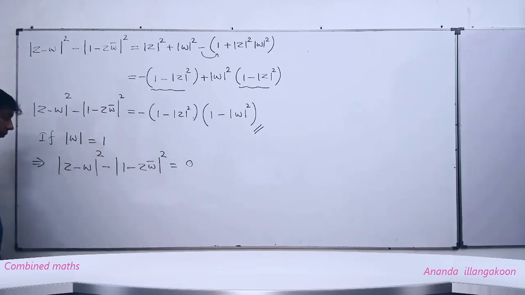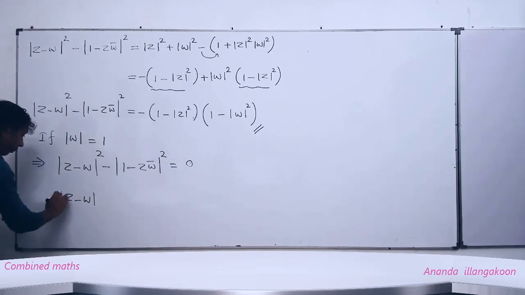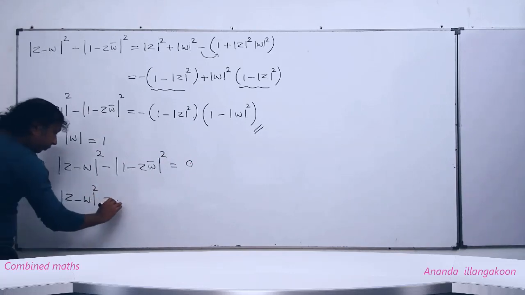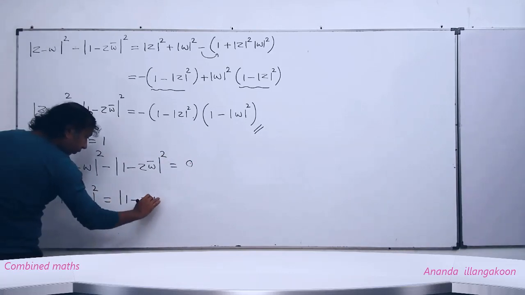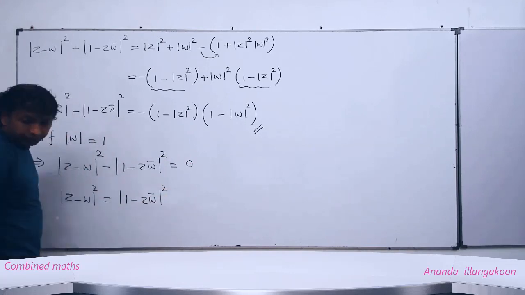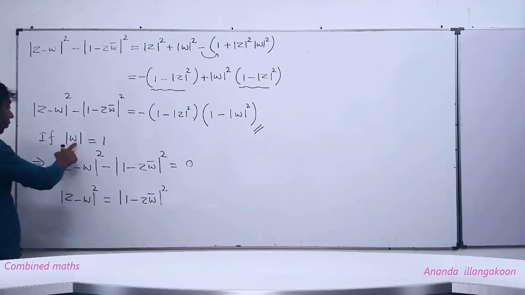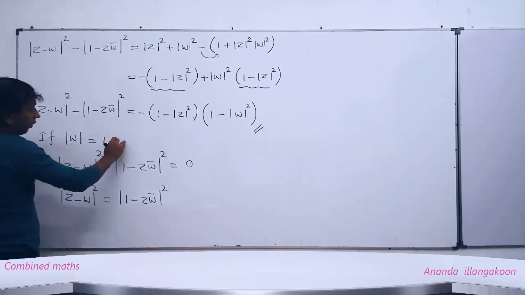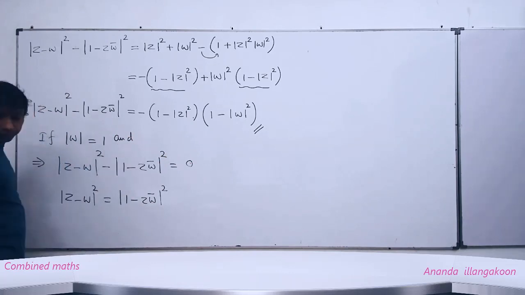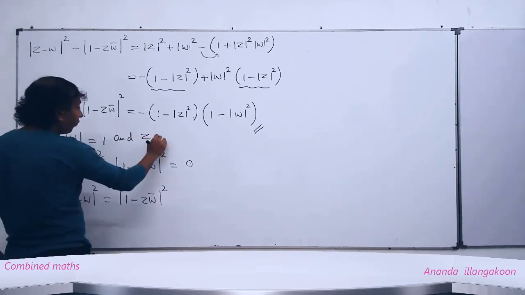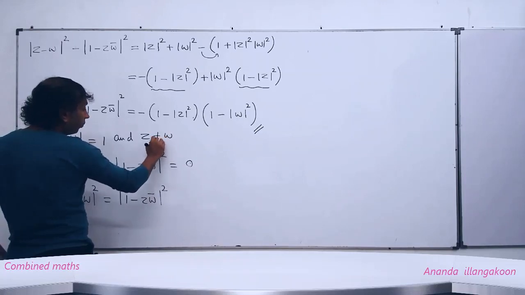Right, and people, here we get mod w equal to 1 and another one given, z is not equal to w.